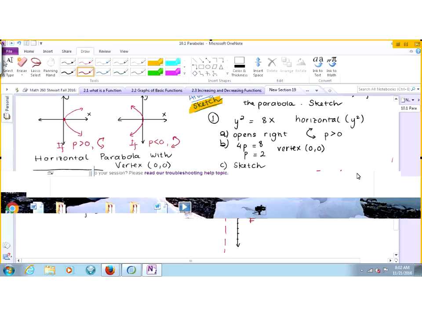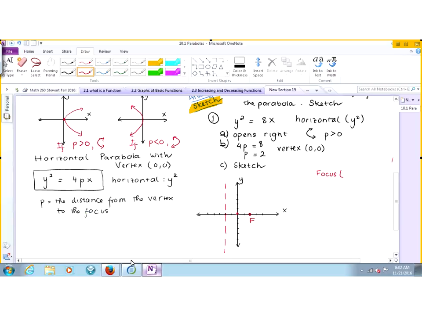What is the focus? (2, 0). Yeah. Did I have to memorize anything? No, I just got it from my graph.